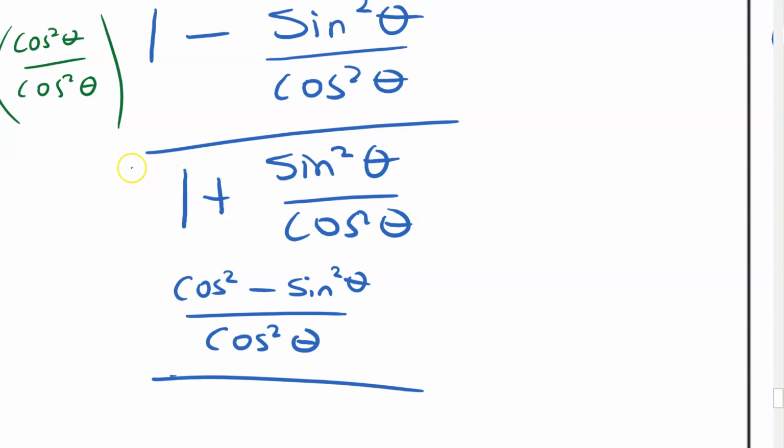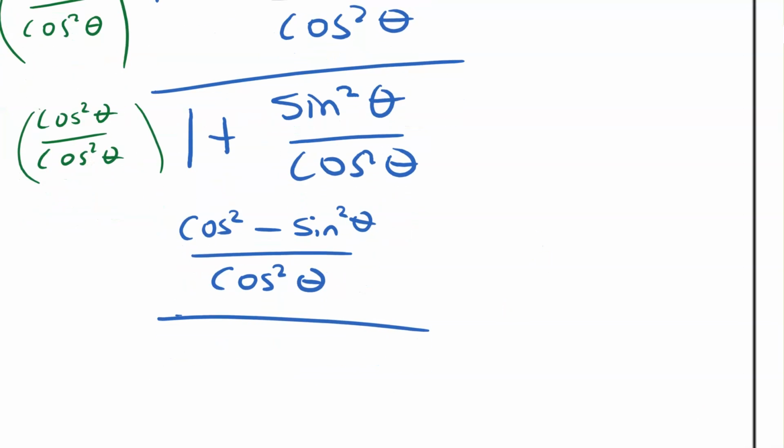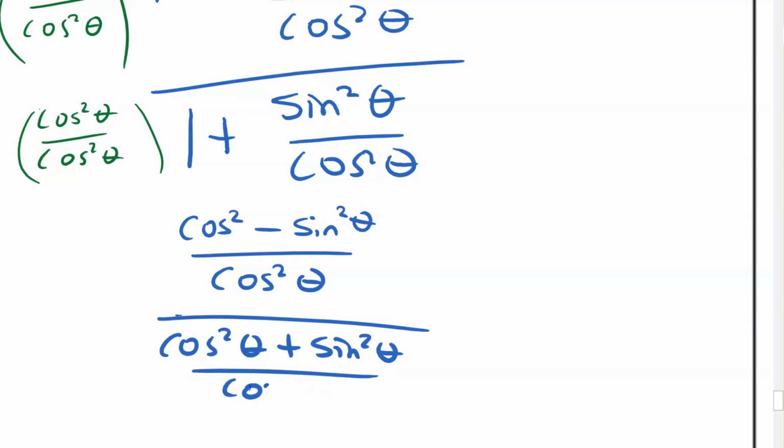I'm going to multiply that 1 times another version of 1, cos squared theta over cos squared theta. And so now I'm going to get in the denominator of that complex fraction cos squared theta plus sine squared theta all over cos squared theta.